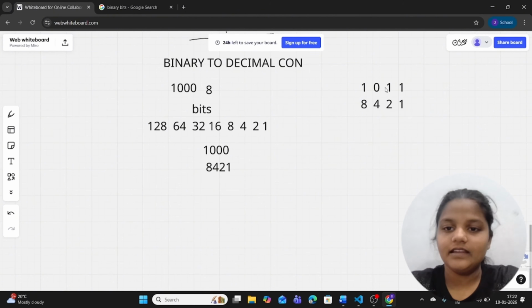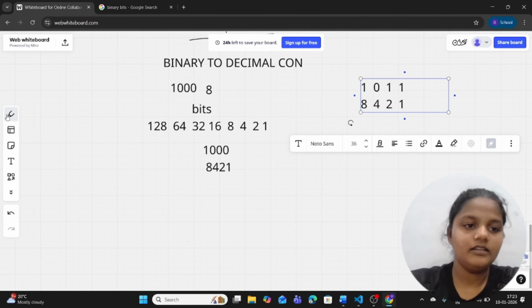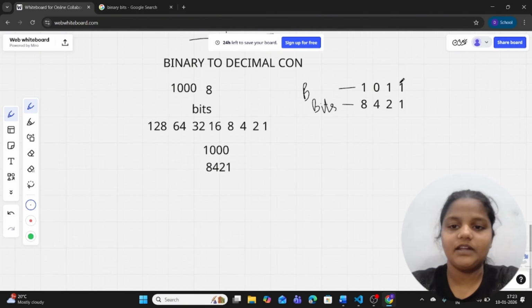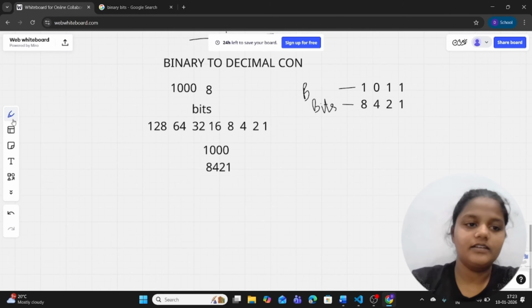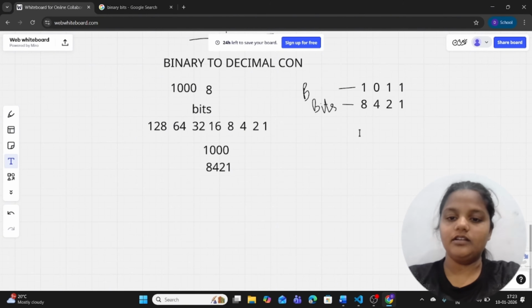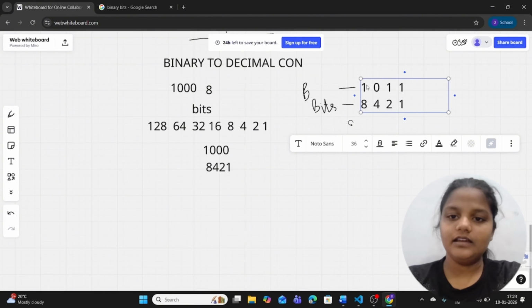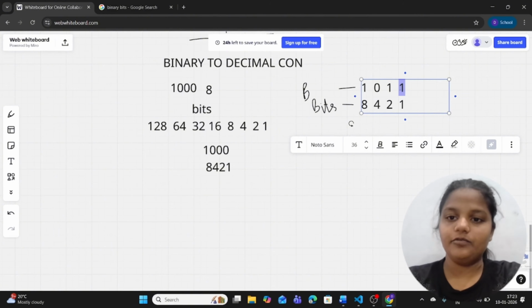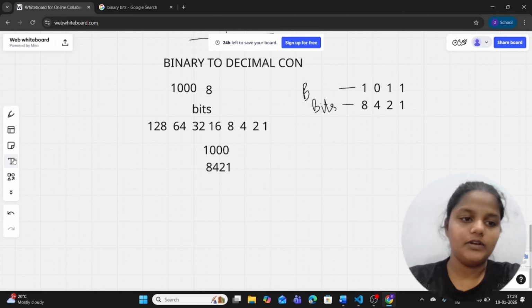So now see. This is our binary number. This is our bits. So check where the ones are present. So at the first bit we have 1. So that corresponding value is 1, right? So first add 1.